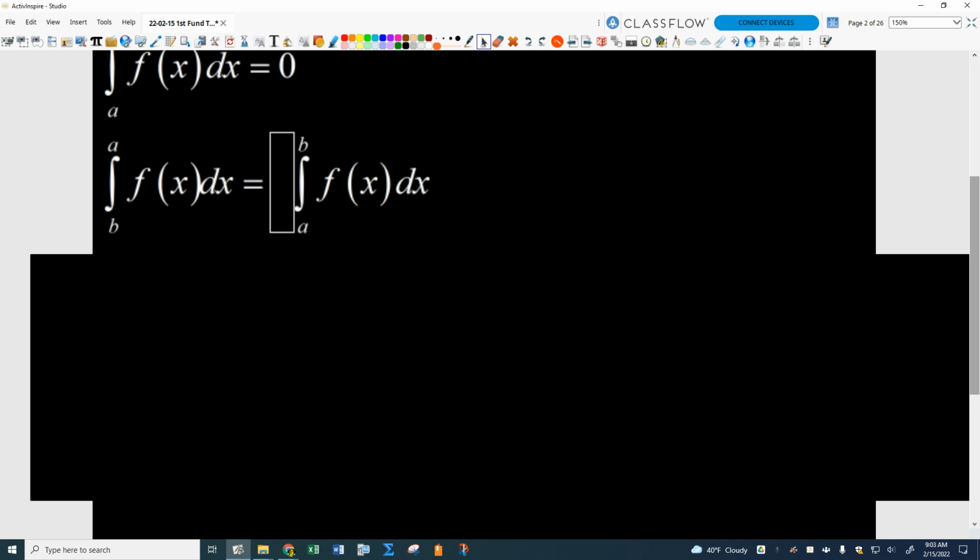Okay, it doesn't have to be, but if it is, then this integral would be going from left to right. Agreed? So our picture would look something like this. Let's make this a and b, so that a is on the left and b is on the right. Those are our limits of integration.